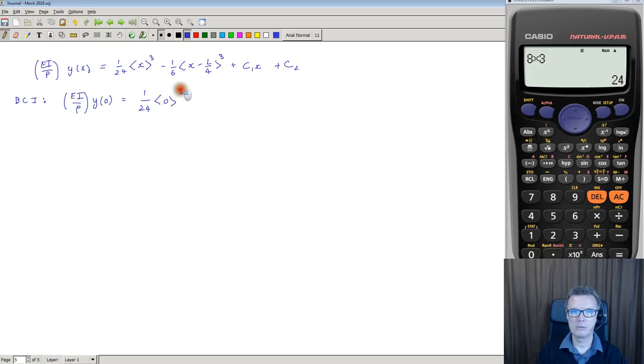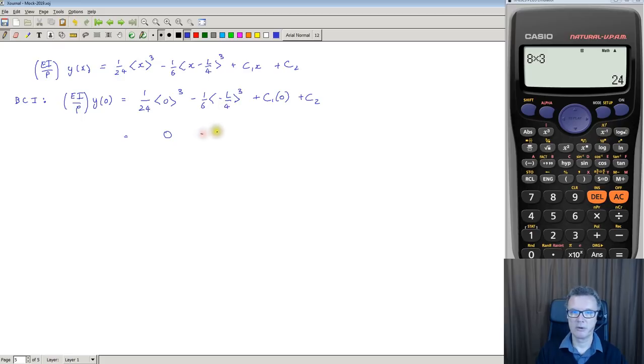Remember our rule. So our rule is that, well, obviously that's a 0. If the inside of this bracket is less than 0, this term becomes 0.